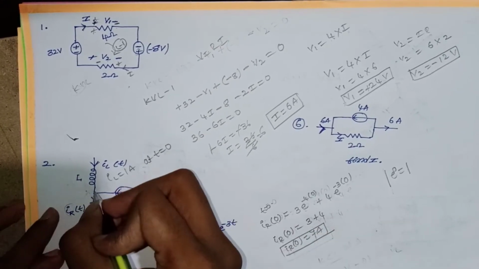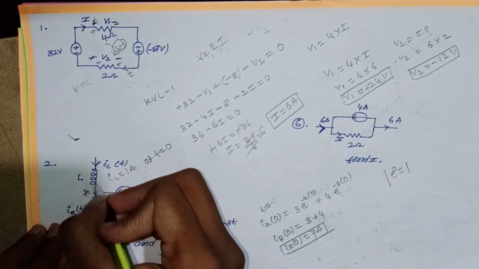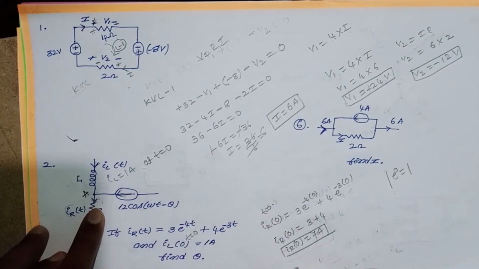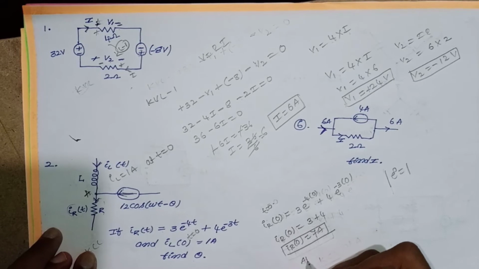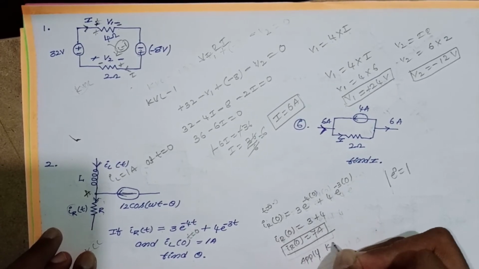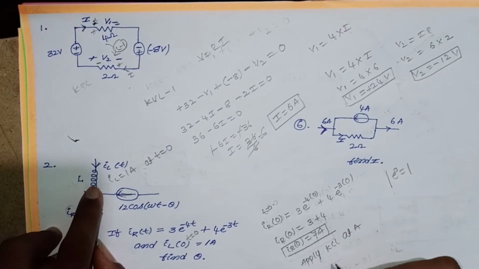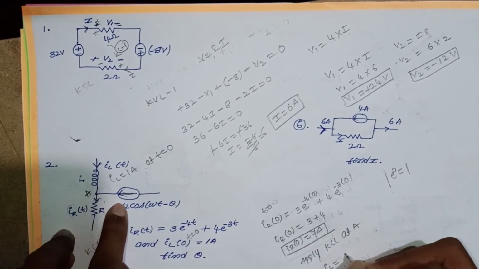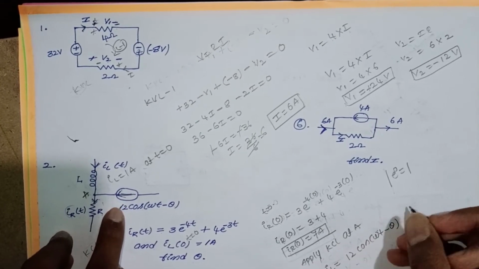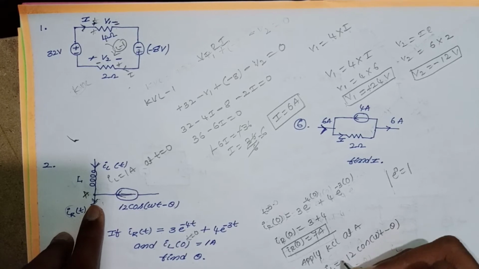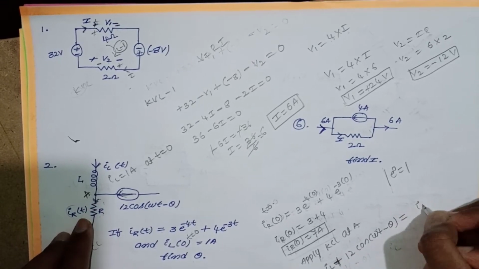So I will consider node A. Entering the node and leaving the node. Entering the node is equal to leaving the node according to KCL. Apply KCL at node A. Entering the node, IL is equal to 12 cos of omega t minus theta, plus the other entering current, is equal to leaving the node, IR.